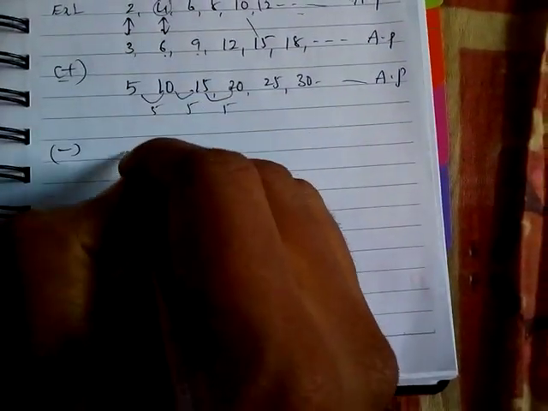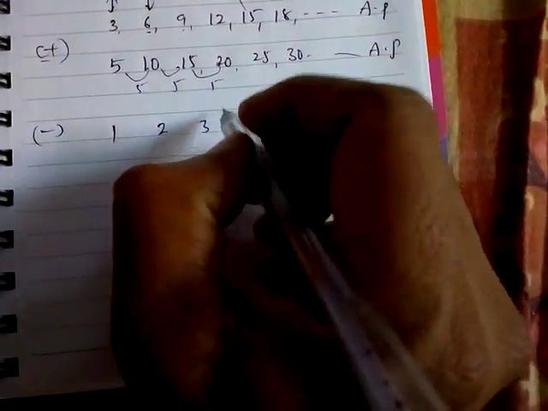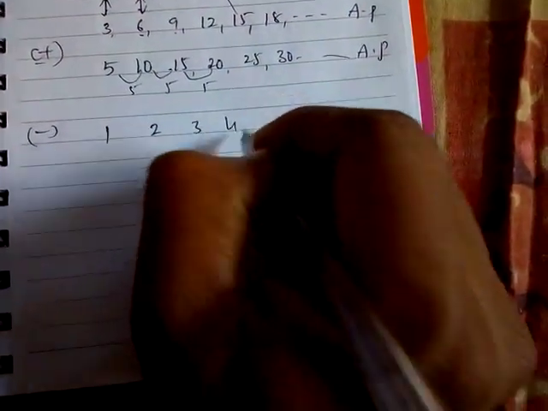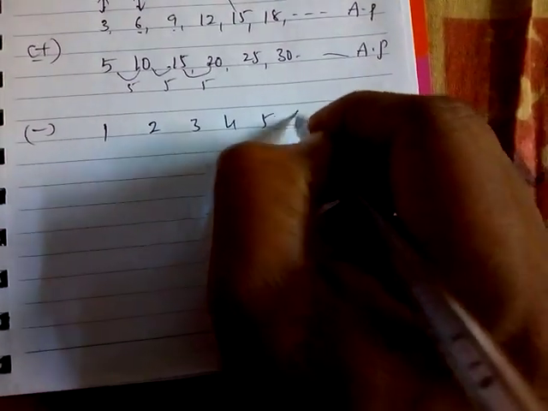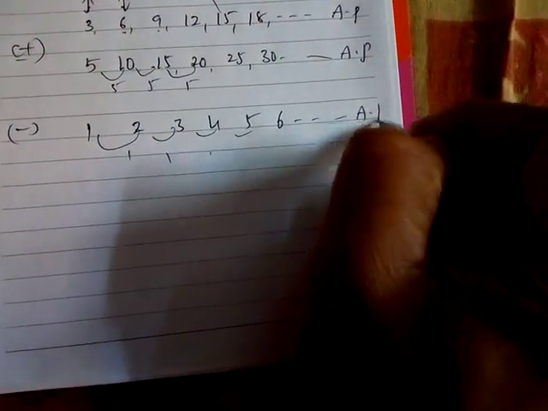If you subtract corresponding terms of the two APs, the difference is 1, 2, 3, 4, 5, 6, like that. So we get natural numbers, common difference 1 is there. So this is also an AP series.